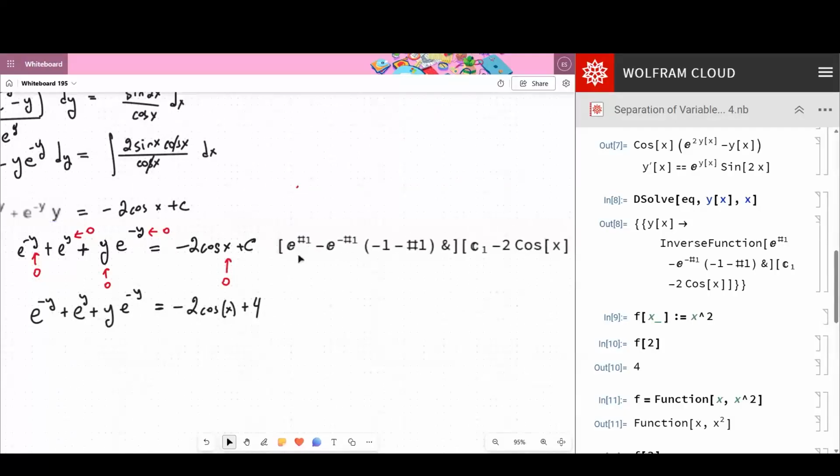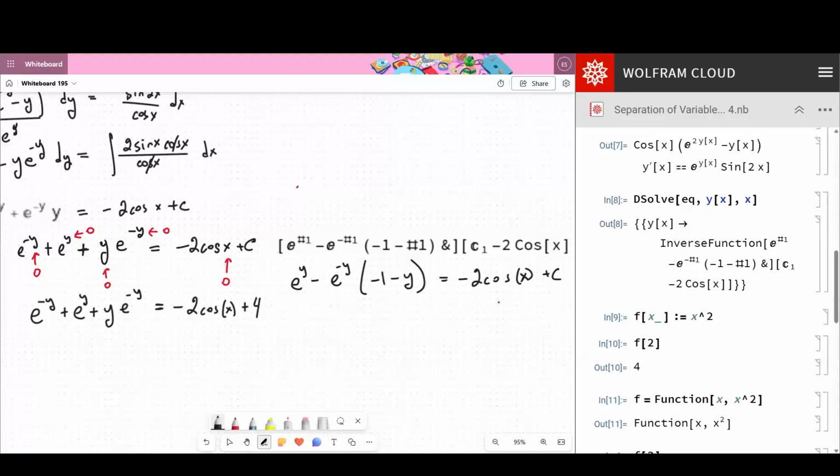So basically you can replace the hashtag e to the hashtag with e to the y minus e to the negative y, and then you have negative 1 minus y, and then you put an equal sign, and then we're going to have negative 2 cosine of x plus the constant. And notice it says C1. That's because in case there's a C2, it's going to be labeled as such also. And hopefully you realize this expression is really the same as this expression here.